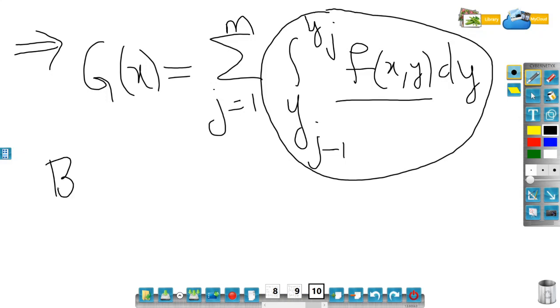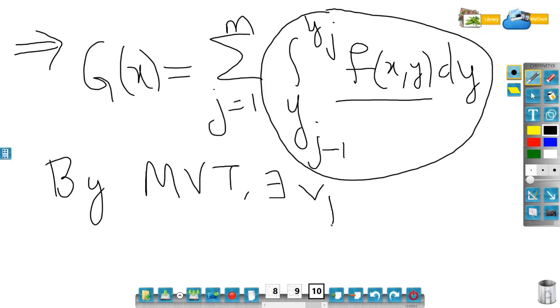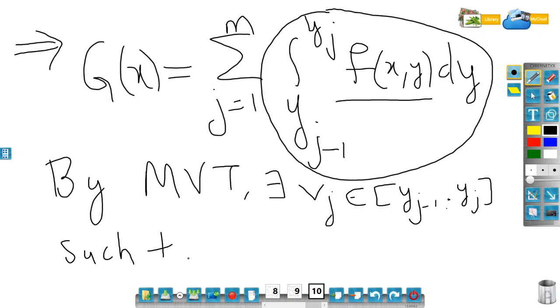So by the mean value theorem, I can say there exists some vj belonging to yj minus 1 to yj such that the integration yj minus 1 to yj of f of x comma y dy.